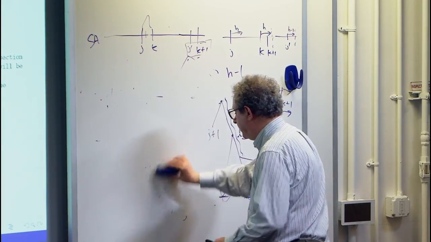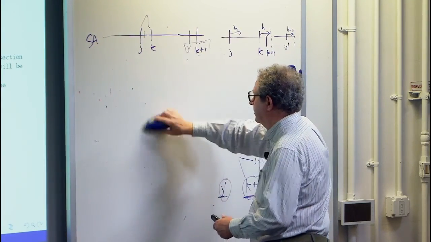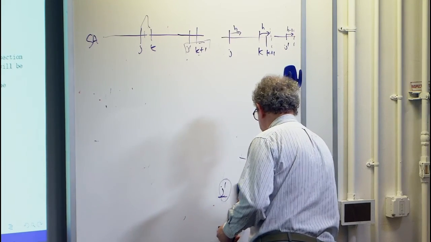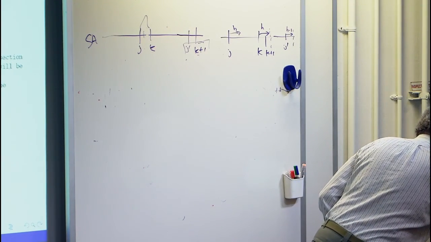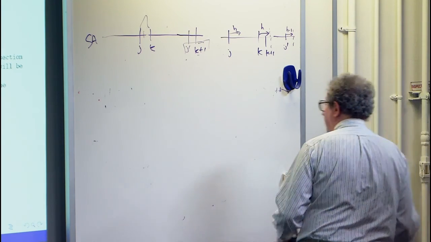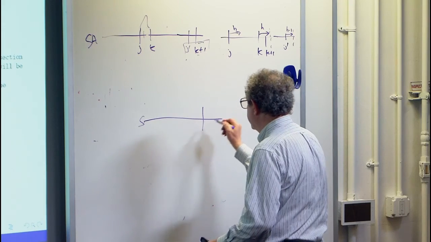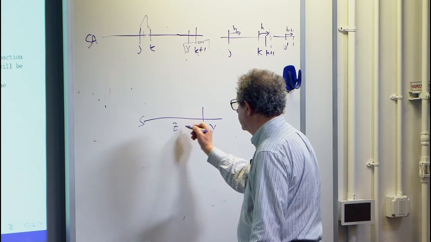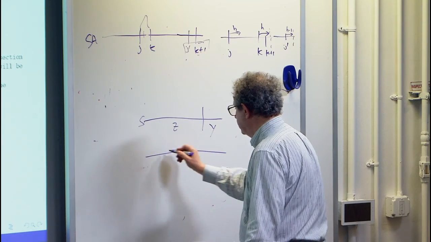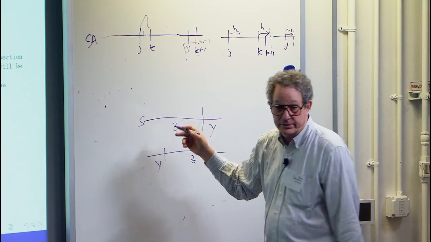Now, there are a couple of pictures in dealing with this stuff that are critical, at least for me, to keeping my sanity in all of this. So here's S, and one of the rotations would have Y followed by Z. That's a rotation of S. Okay?